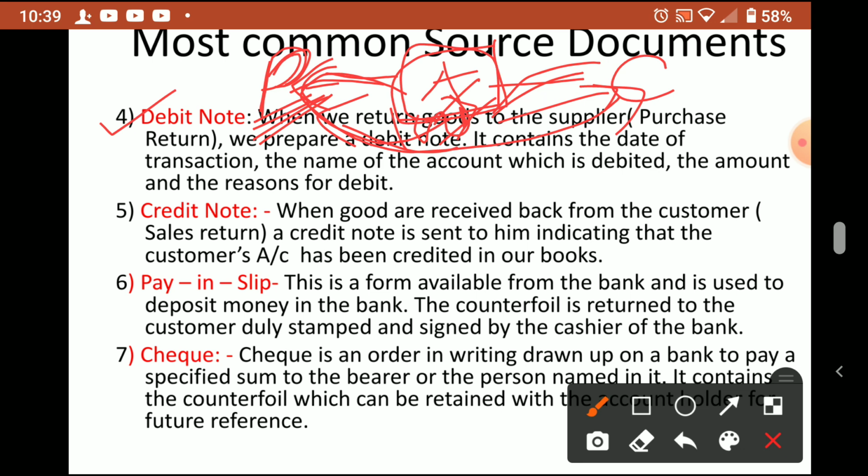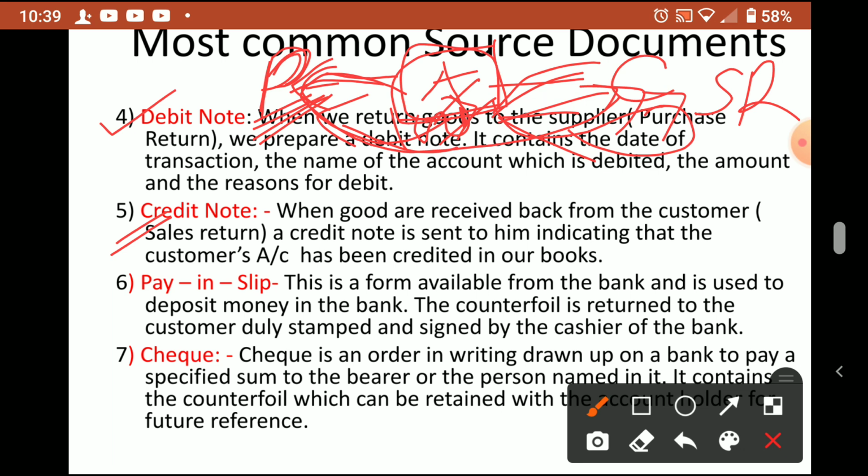Now next is the credit note. Suppose he sold 5 umbrellas to a customer, and then that customer returned 1 umbrella to him. That is called sales return. What the trader is selling is coming back, so it is a sales return. When a sales return happens, the trader will write the note. Remember, all these things are written by the trader.